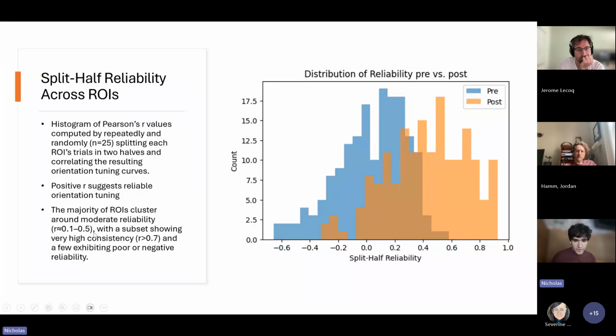And it seems like when I computed this metric for the post block, I saw more consistent tuning as opposed to the pre-block, where if I were to take two random subsets and calculate the orientation tuning vector, there were big differences between the orientation tuning vectors, or at least this is what this figure would suggest.